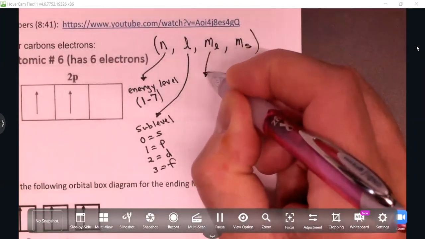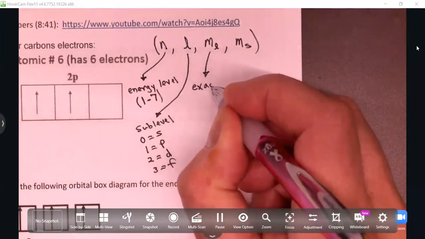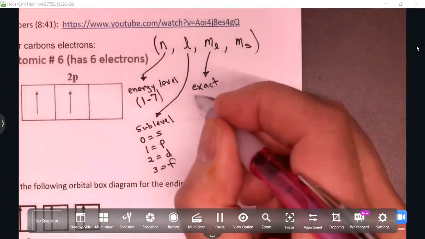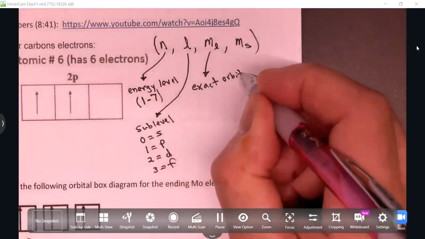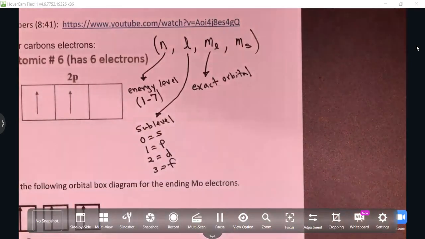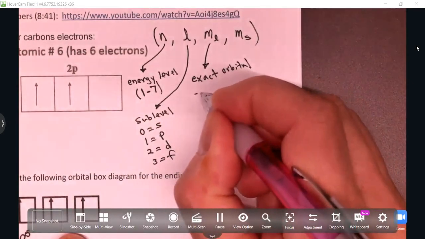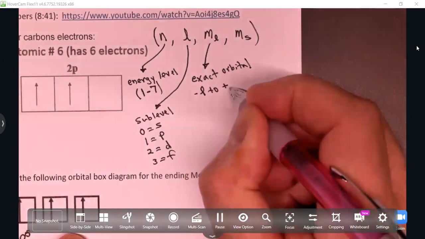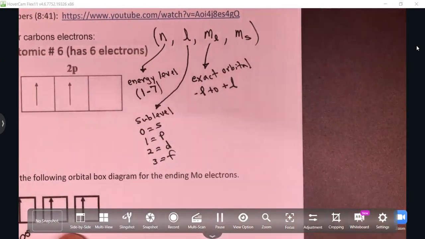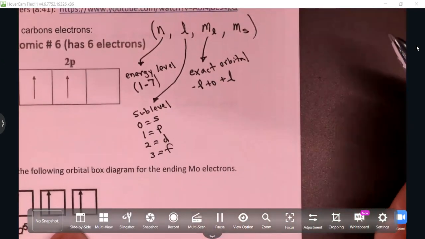Now, m sub l is the exact orbital, and the exact orbital goes from minus l to plus l. And I'll show you exactly what we mean by that.